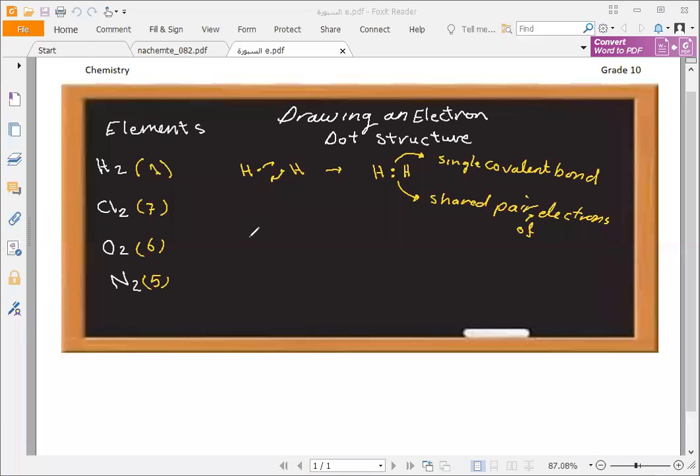Now let's go for chlorine. Chlorine has 7 valence electrons. In the chlorine element, there are 2 atoms of chlorine.